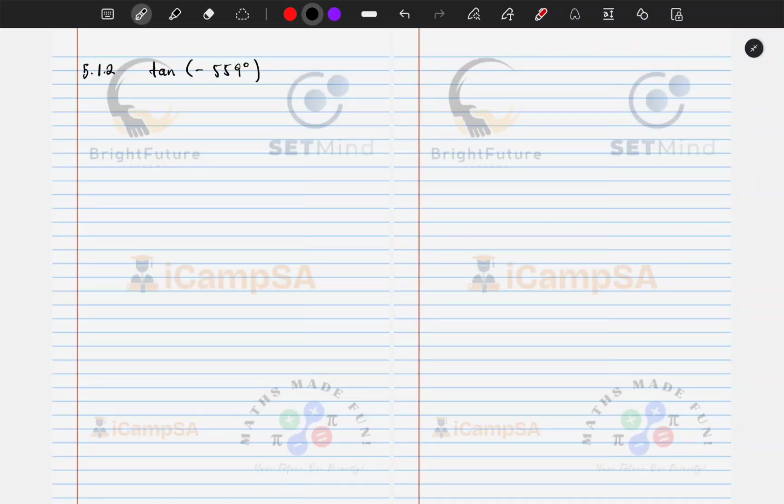So what we are going to try and do is work with this. We are going to try and write this to have a positive acute angle.